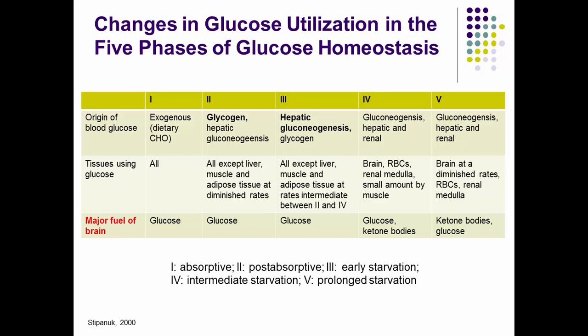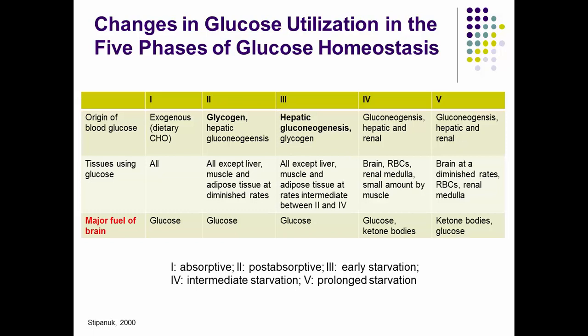In phase 4, the brain still uses glucose as a major energy fuel, but ketone bodies also become more important for the brain. So both glucose and ketone bodies are equally important for the brain in phase 4.